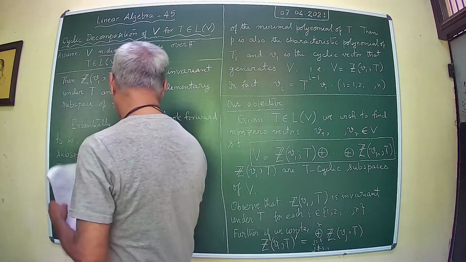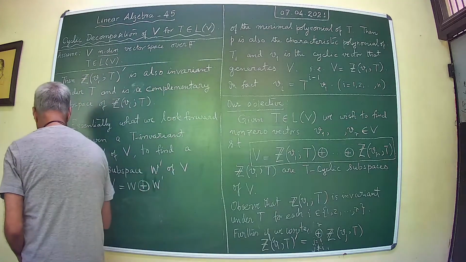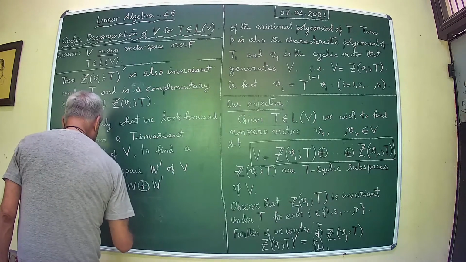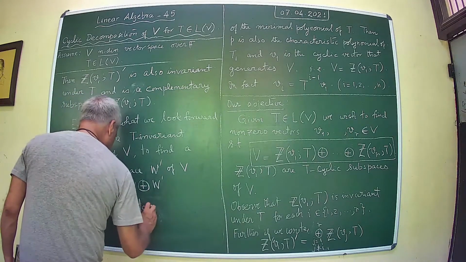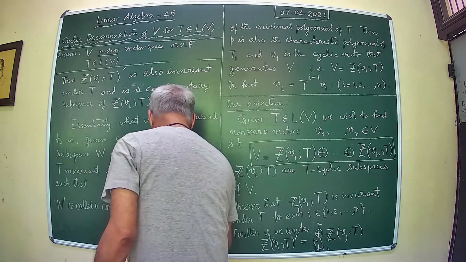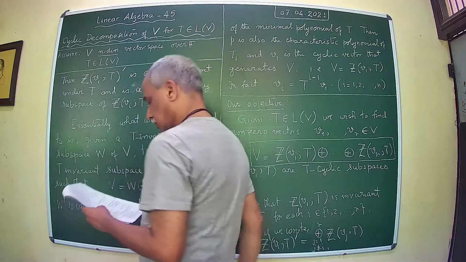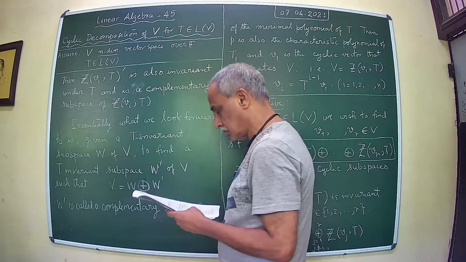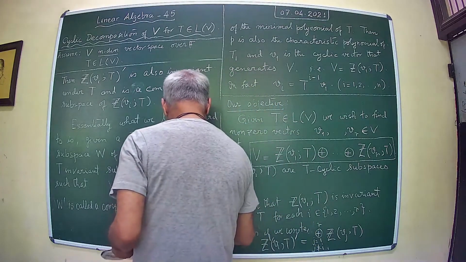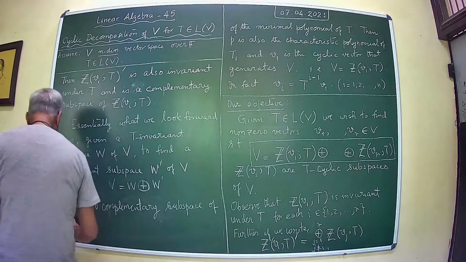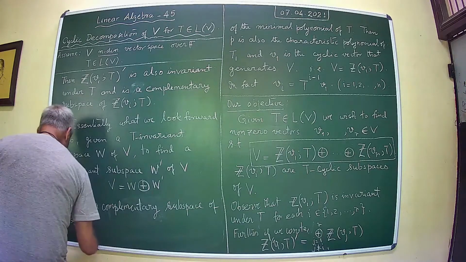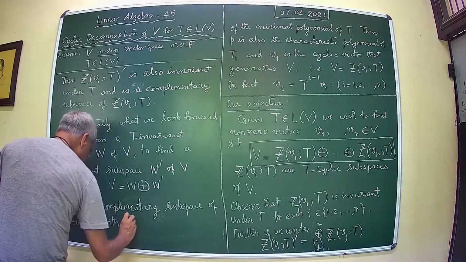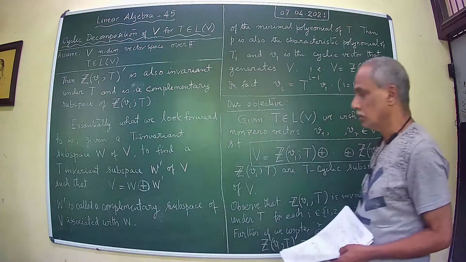So W prime is called a complementary subspace of V associated with W. That is what we have.